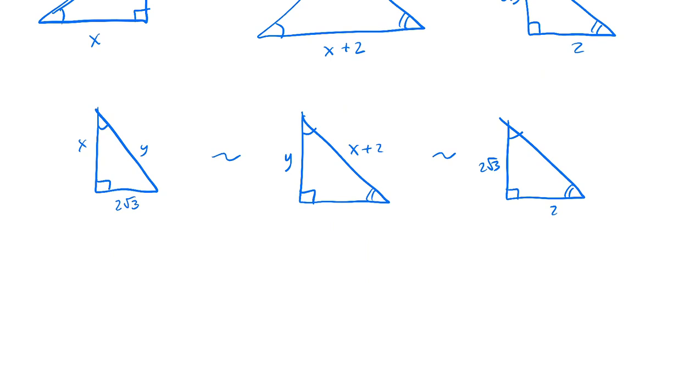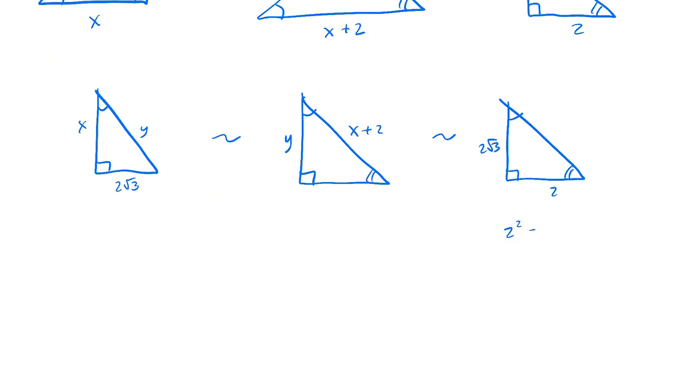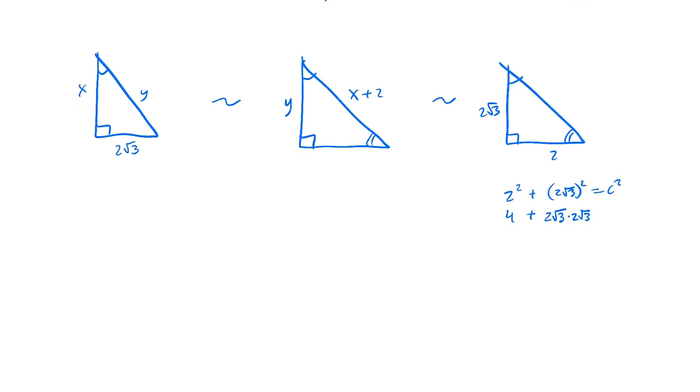So right away I go, oh, well, I could solve for x using this. But instead, I'm going to solve for the length of the hypotenuse over here really quickly. This is 2 squared plus 2 root 3 squared equals c squared. So that's 4 plus, and now I'm going to write this all the way out, but you could absolutely distribute the exponent because there's no addition in there.